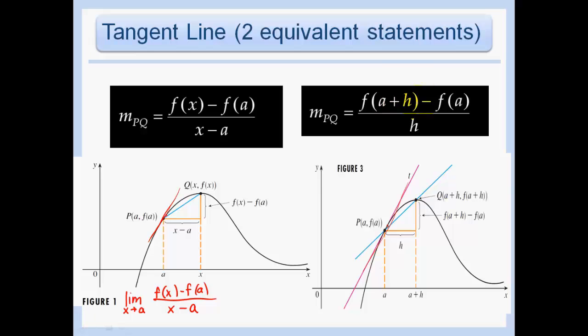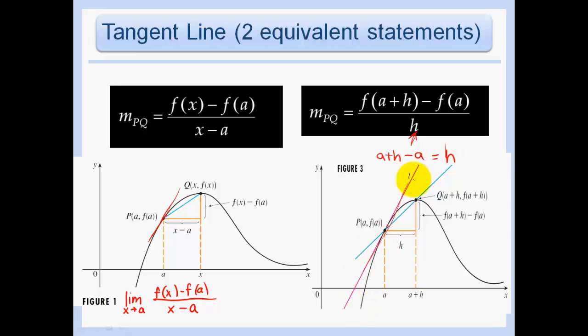That would just be y2, f of A plus h, minus y1, f of A, all over h. Now why? Because what is A plus h minus A? x2 minus x1. A minus A is just 0, so we just get h.